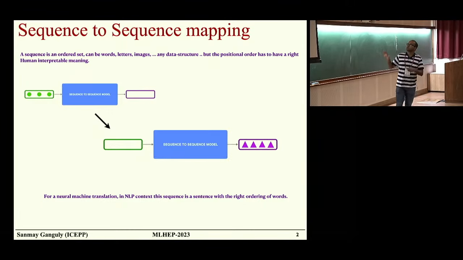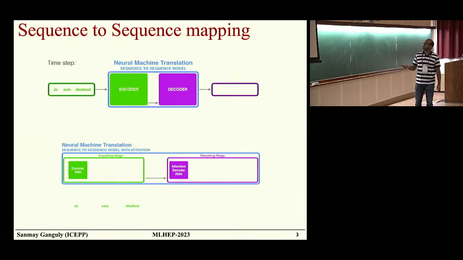So in general we are trying a global class of model where we are mapping a sequence to a sequence, a set to a set, but the order of the elements in this set is important. So we will try to see how that happens at the core.